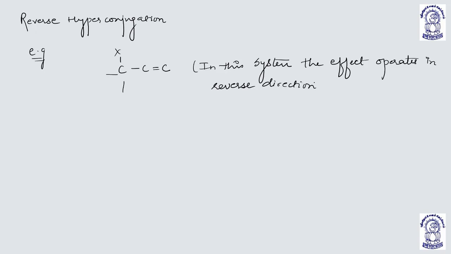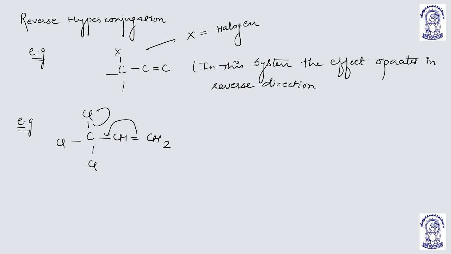Hence, the hyperconjugation in such a system is known as reverse hyperconjugation, where X is halogen, for example, CCl3. So it is having three chlorine. It means it will show three hyperconjugating structures.